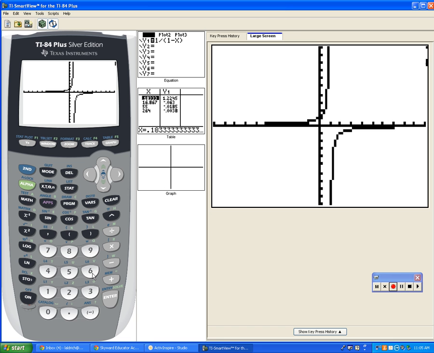The old calculators used to connect this to here. Do any of yours connect those? You don't want that, because 1 is not in the domain. There's a gap in the graph there that should show that, okay?